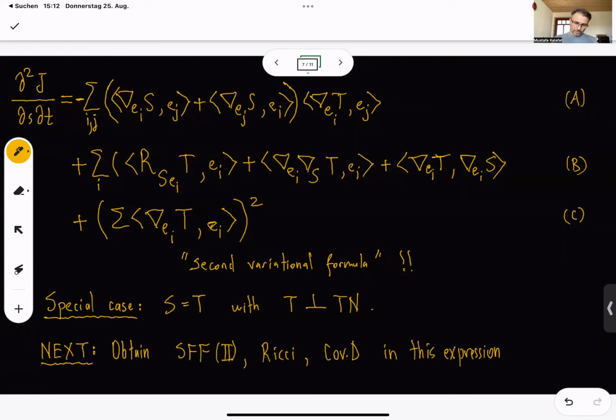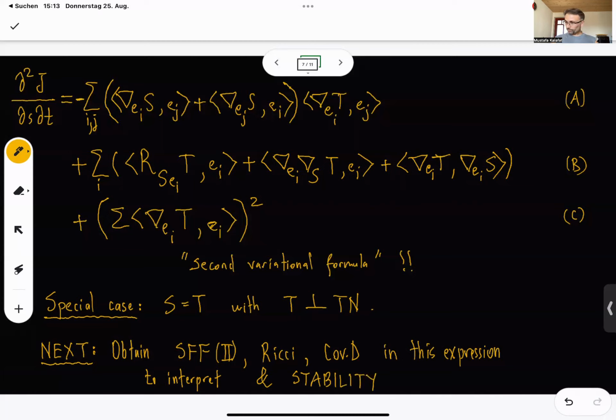To be able to interpret this formula, and after that we can talk about the stability of minimal submanifolds, which means whether they're actually globally minimizing or not.